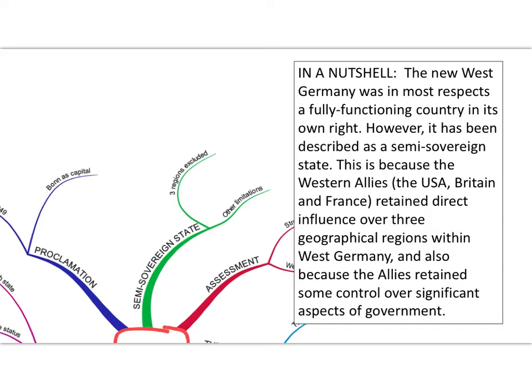So in a nutshell, the new West Germany was in most respects a fully functioning country in its own right. Obviously, from what we studied yesterday, there were clear exceptions to that rule. West Berlin was clearly a special case, for example. But in most respects, West Germany was a fully functioning country.